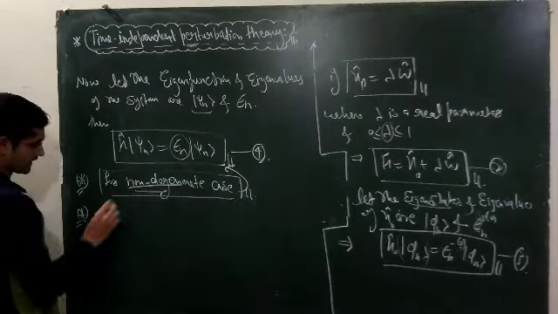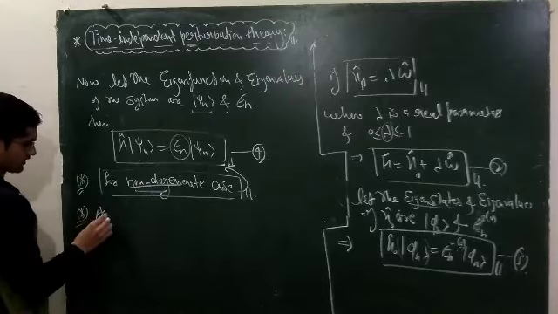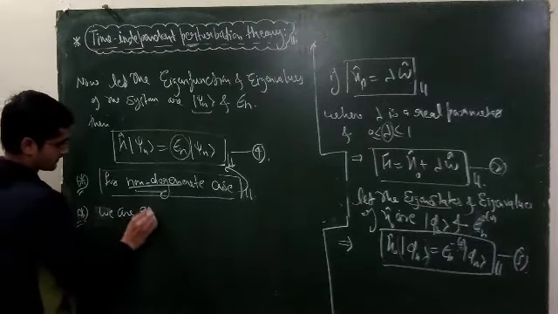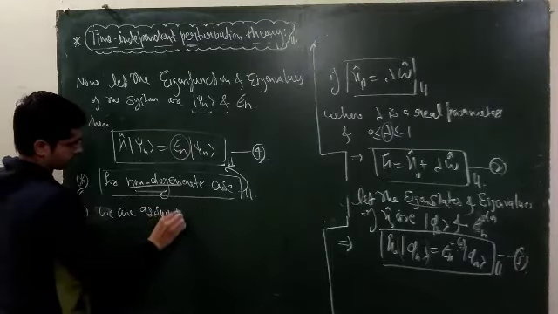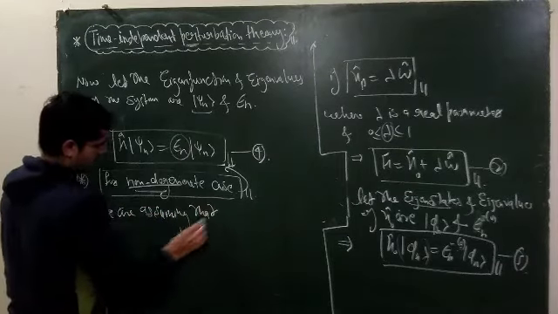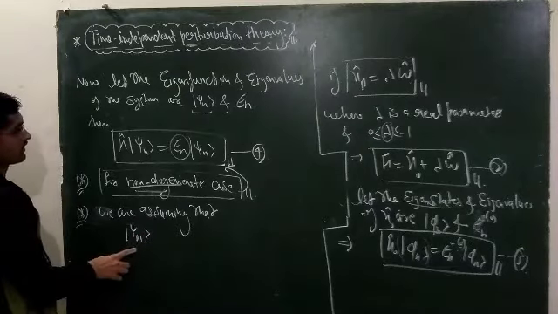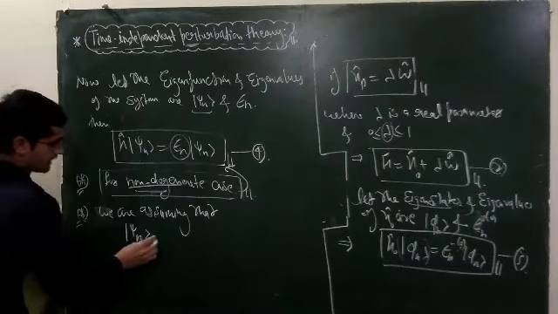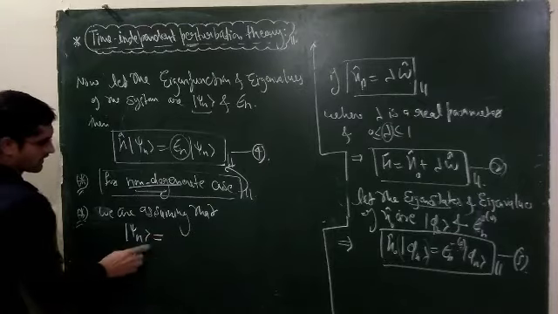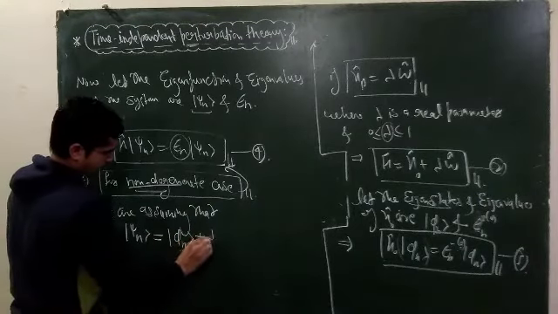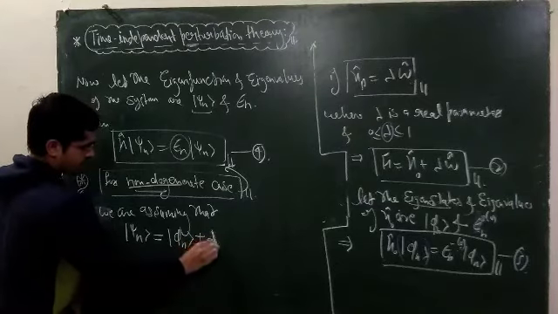So we are assuming that the eigenstate of the system that we are dealing with can be written like this, as a power series of lambda.